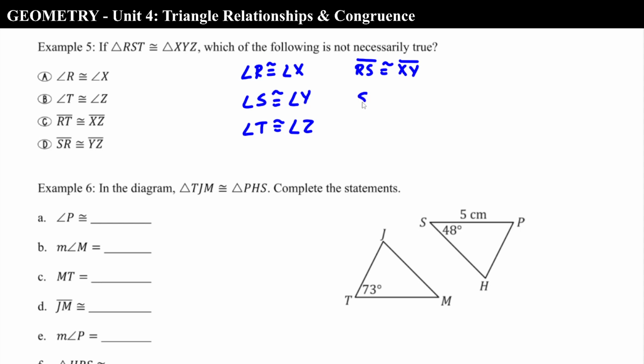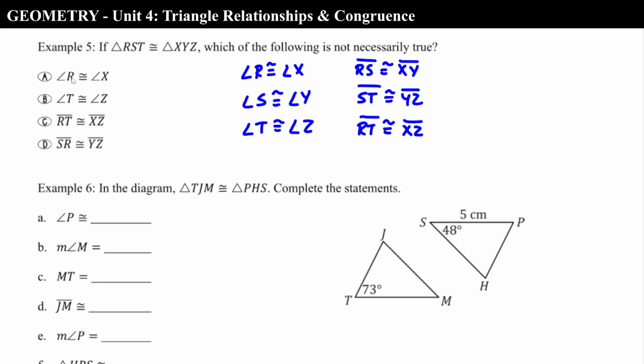We can say that ST is congruent to YZ. And we can say that RT is congruent to XZ. So this will help us out as we go through our choices.